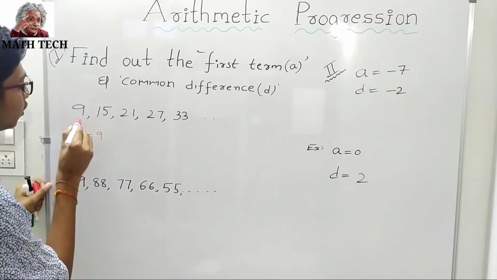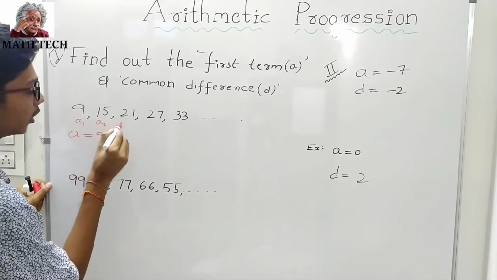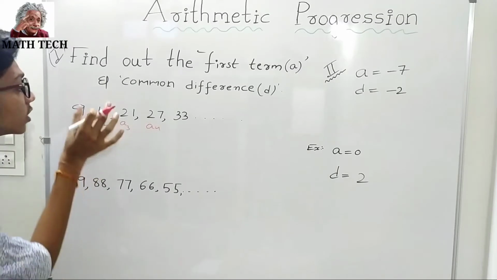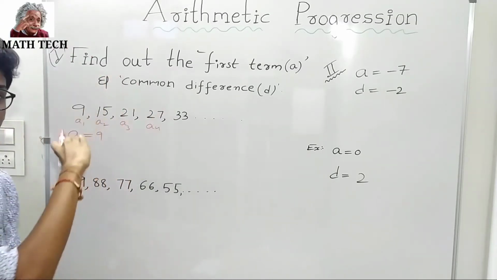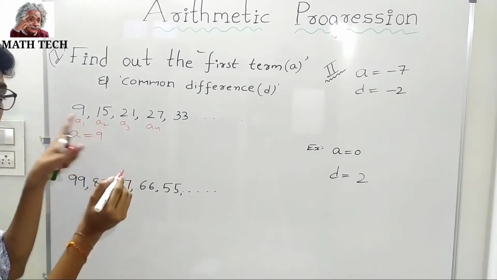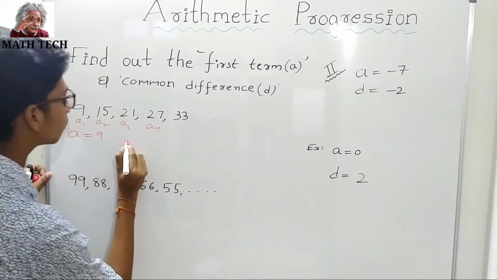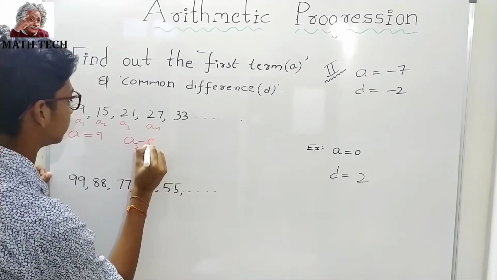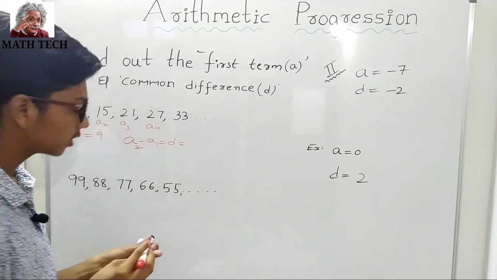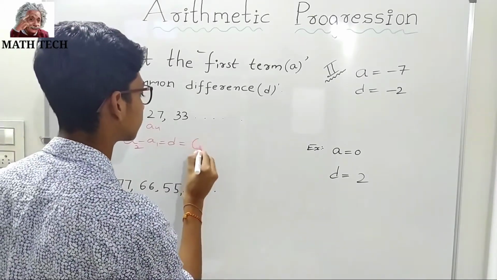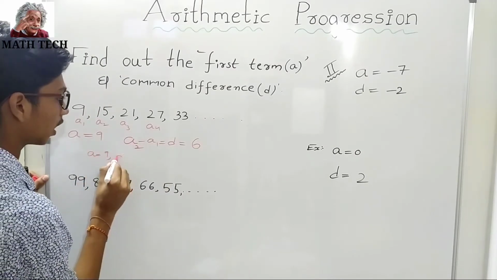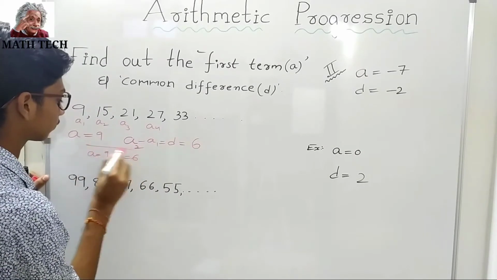If we denote these as a1, a2, a3, a4, a5, the common difference is a2 minus a1, or a3 minus a2, or a4 minus a3. So a2 minus a1 is equal to the common difference. What is the common difference? 15 minus 9, that is 6. So a is 9, the first term is 9, and the common difference is 6.